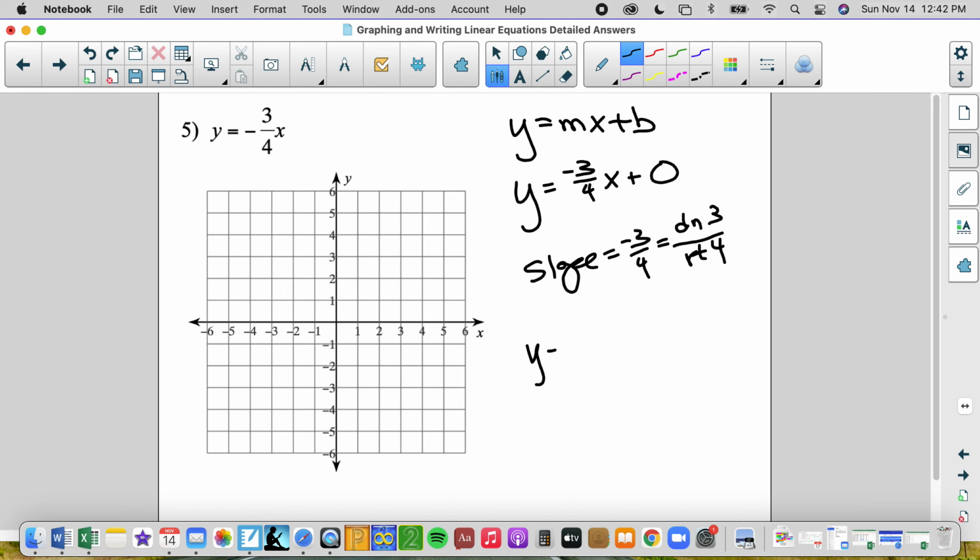And my y-intercept is 0, so it's going to cross the y-axis at 0. Then I'm going to go down 3, right 4. We go down 3, right 4 again. Or we can go up 3, left 4.